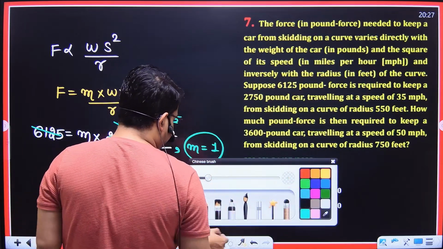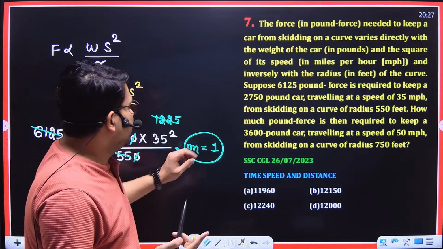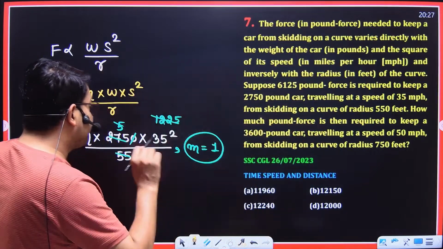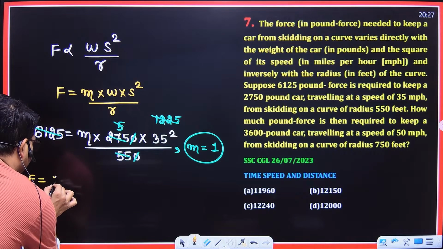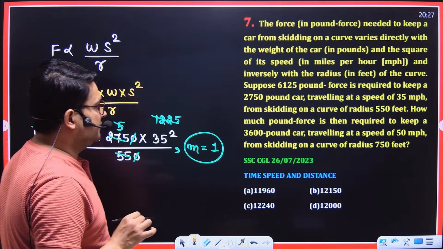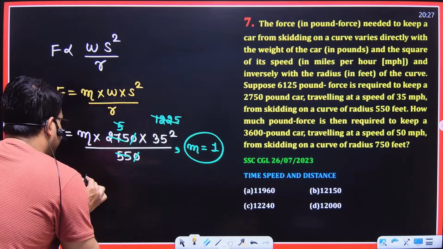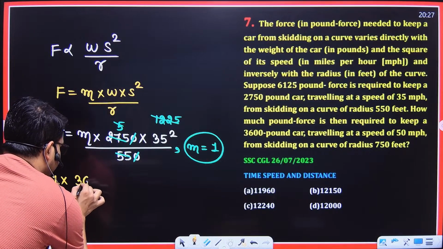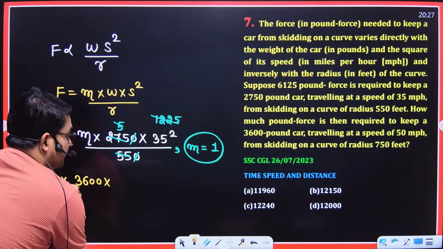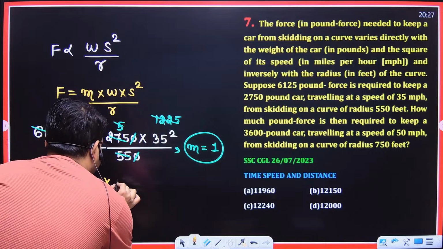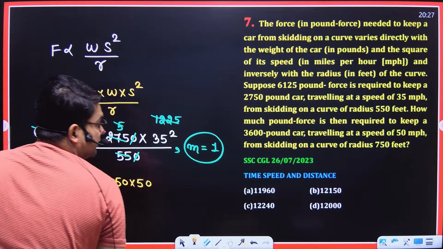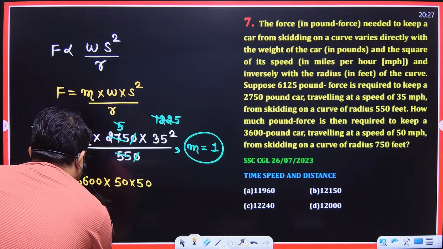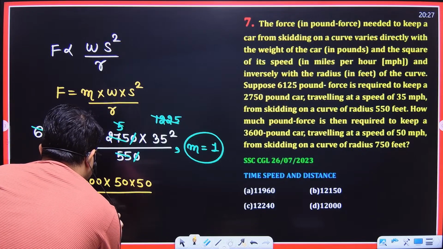What we have to calculate is how much force is required. The force required, with m equal to 1, to keep a 3600 pound car at the speed of 50 km per hour, 50 into 50, if the radius of the curve is 750. We have to calculate the value of f.